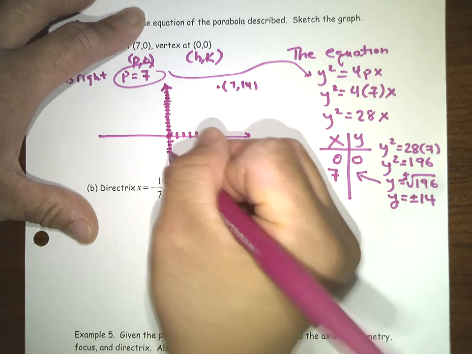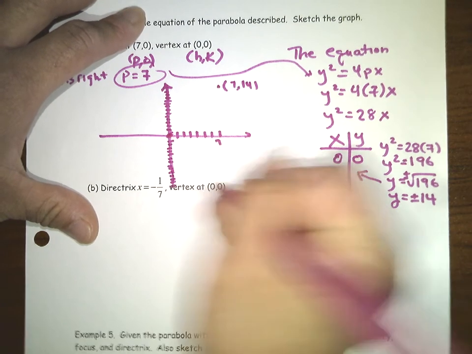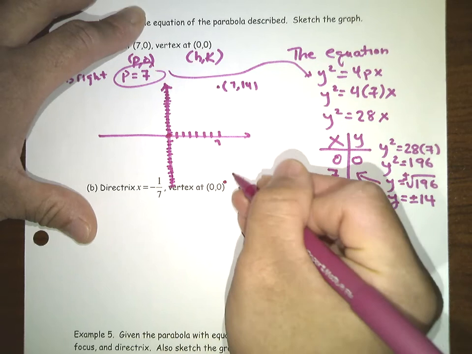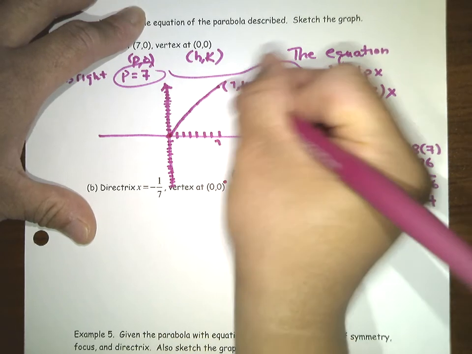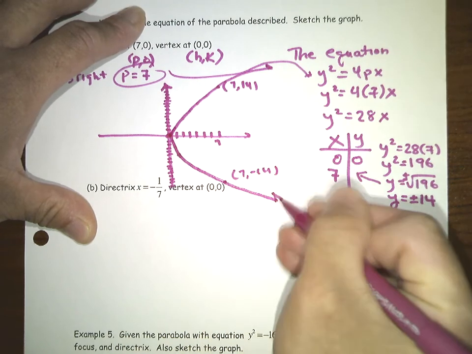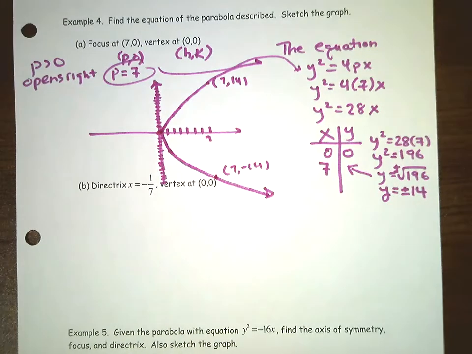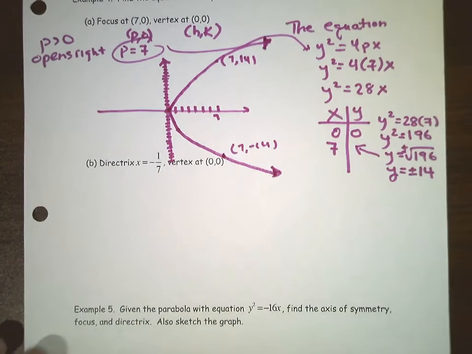And here's a point at (7, negative 14). And the parabola looks like this. All right, so hopefully you enjoyed that. But this one, you can tell, opens fairly widely here.